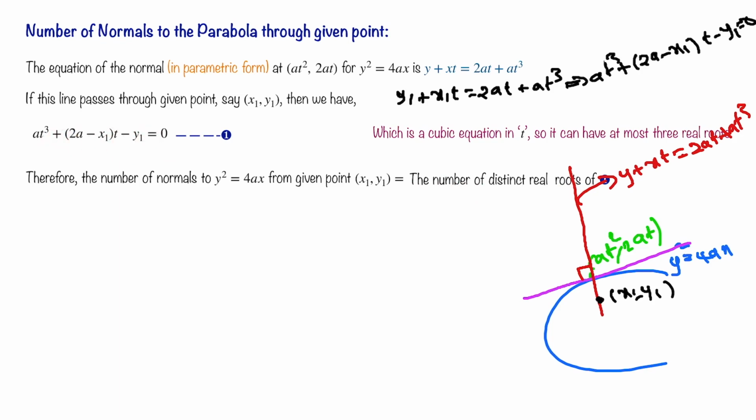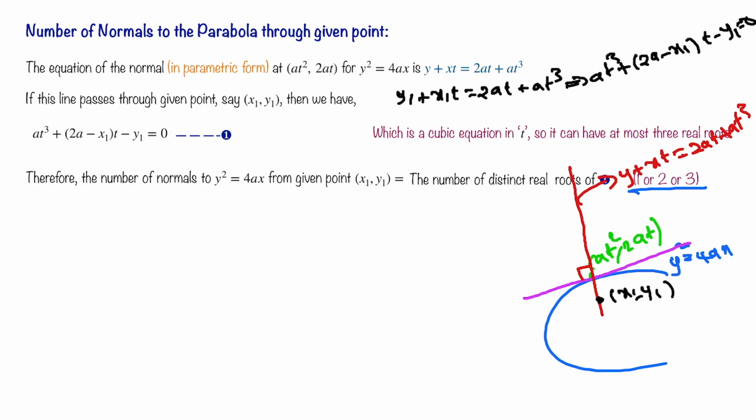This cubic equation can have at most 3 distinct real roots. Also, it will have at least one real root because this is an odd degree polynomial equation. So the number of distinct real roots of this cubic equation is going to be 1 or 2 or 3.